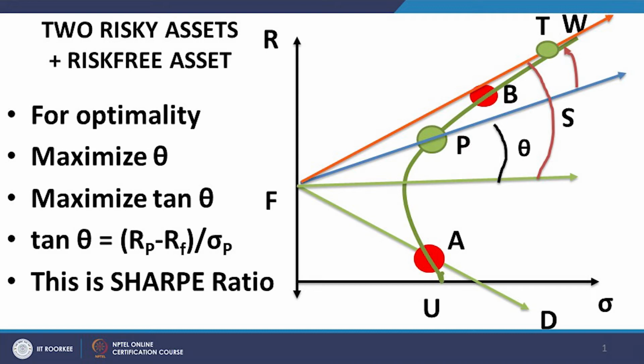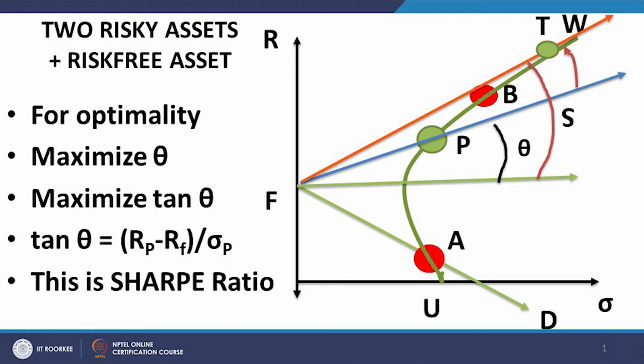So, at the end of the day, what I want to convey is that we can come to the expression for t, or we can work out the slope of f t, where t is a tangent, by maximizing the objective function r p minus r f divided by sigma p. So, that is the theory behind the second method.